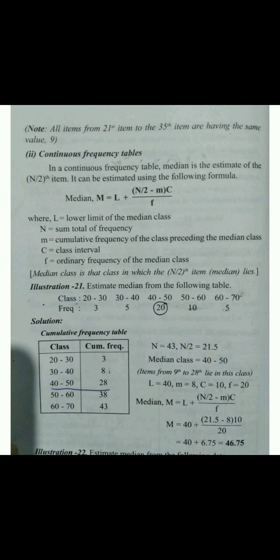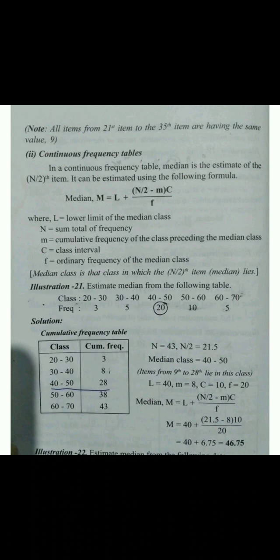Here L is the lower limit of the median class and n is the sum total of frequency. m is the cumulative frequency of the class preceding the median class and c is the class interval. f is the ordinary frequency of the median class.